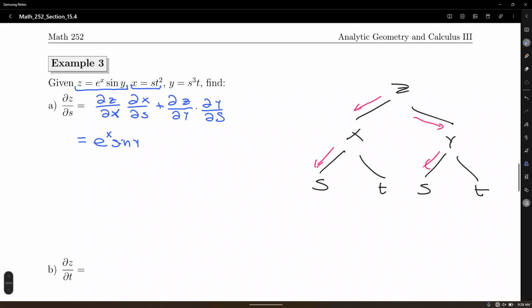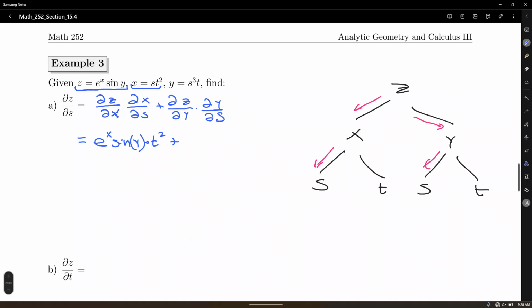That one times the t squared right here, that's just going to be t squared. I would put parentheses around the y right here just to avoid any mistakes with putting that t squared as the angle of the sine function. So carefully there.